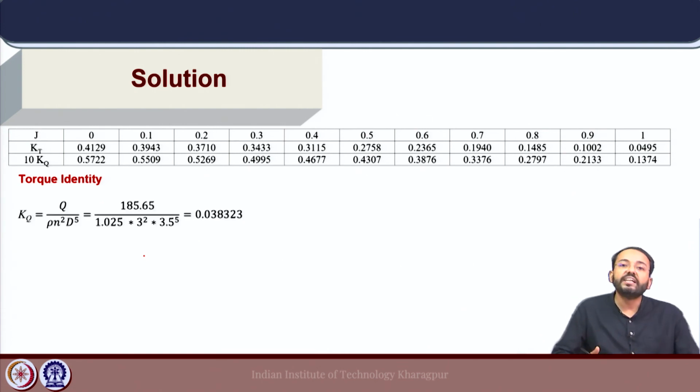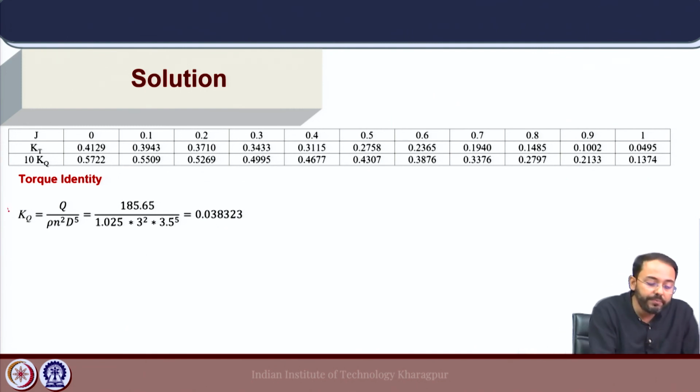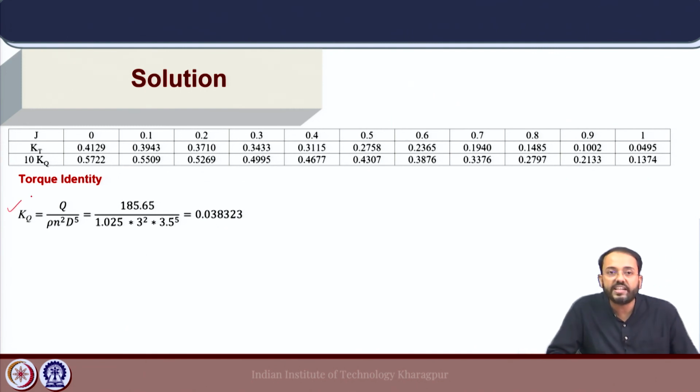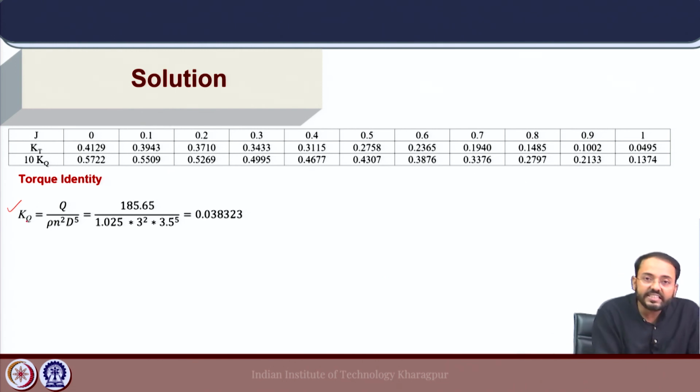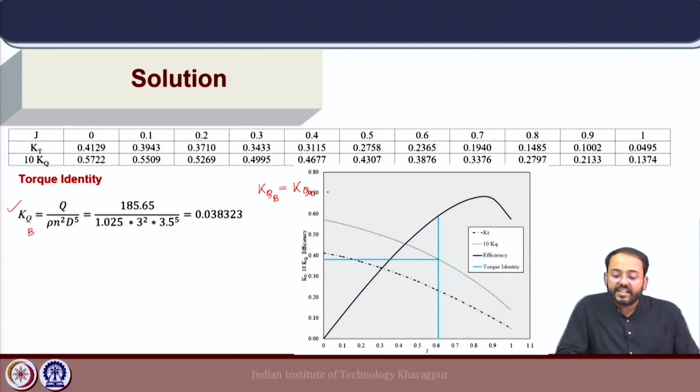So, just the inverse way here, instead of thrust, we will enter the open water diagram with the torque coefficient. So, the first step will be to calculate the torque coefficient Kq, and this is Kqb, and we will assume that Kqb is equal to Kqo as per torque identity, and we enter the open water diagram with the torque coefficient in the torque identity.